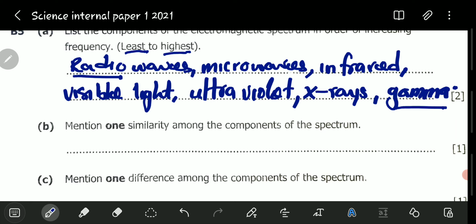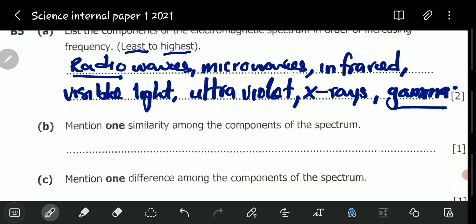Electromagnetic waves all travel at the same speed in a vacuum. For this particular point, specify the medium. Because if you just say they all travel at the same speed and leave it hanging like that, then it is wrong. Why is it wrong? Electromagnetic waves travel at different speeds in different mediums.